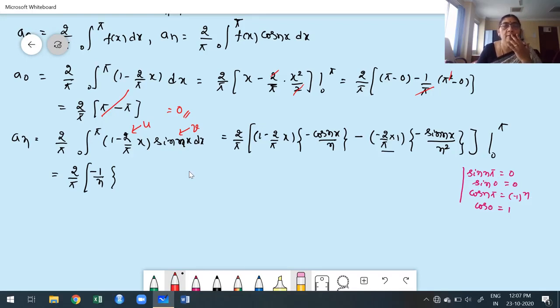I made a mistake here. Sorry. What is the function? The function I took as sine is actually cos. Please excuse me for this. I'm going to do it once again.